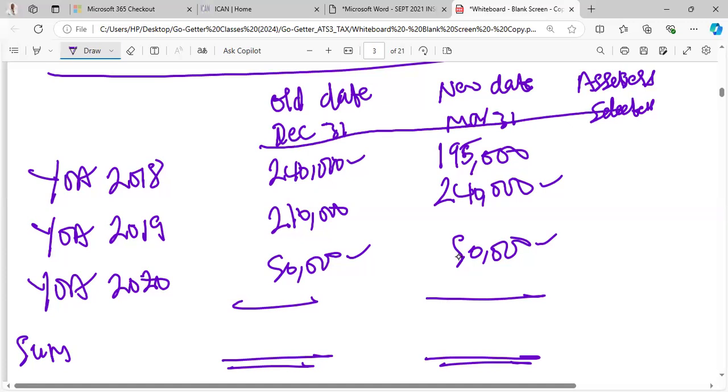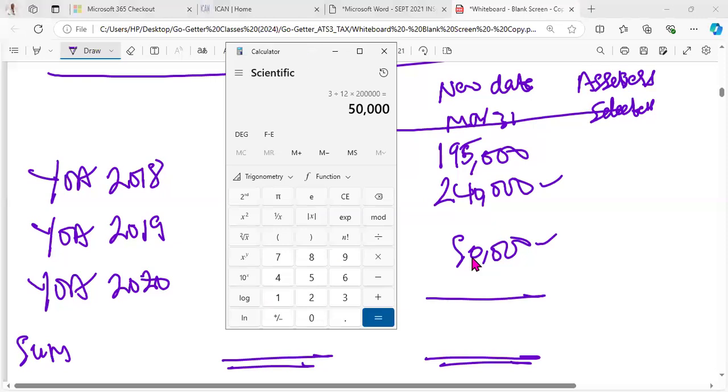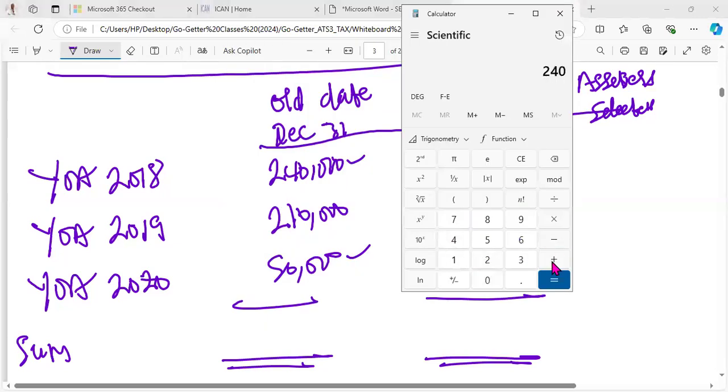So we are going to be using the old date, because if we add everything here, let's just add so that we'll do it conventionally. We have 240 plus 210 plus 50. That gives us 500 as the sum.